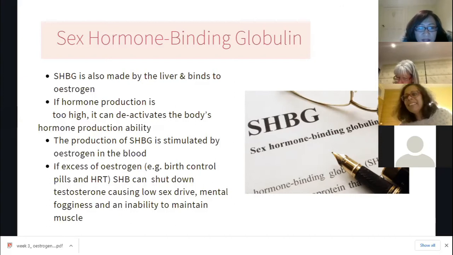If there's an excess of estrogen, for example if they're on birth control pills and HRT, sex hormone binding globulin can shut down testosterone as well. So sex hormone binding globulin is a key factor in terms of having higher levels of estrogen floating about, and therefore causing this estrogen dominance ratio between estrogen and progesterone.